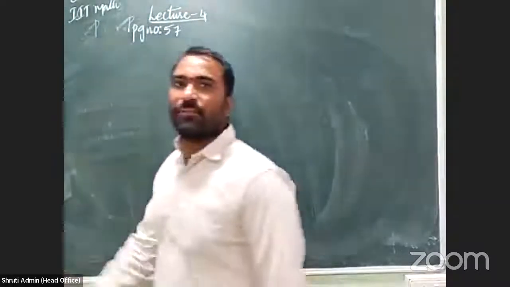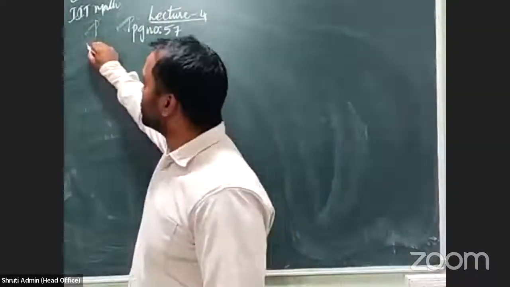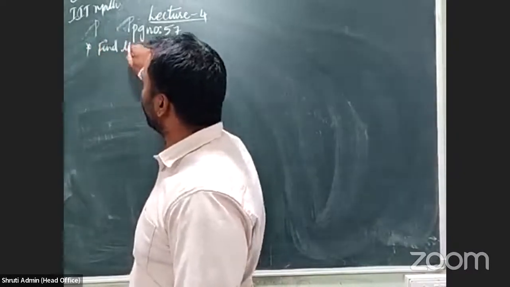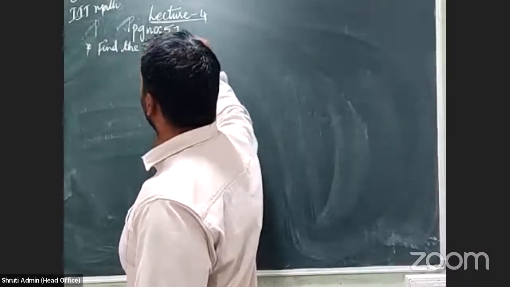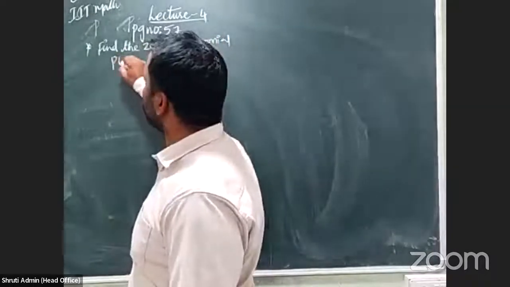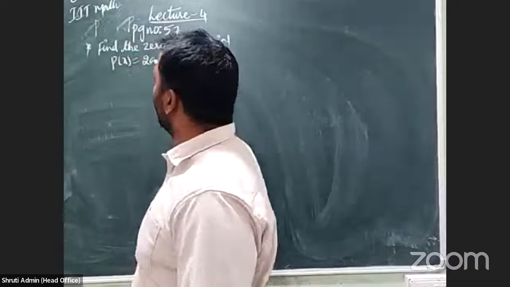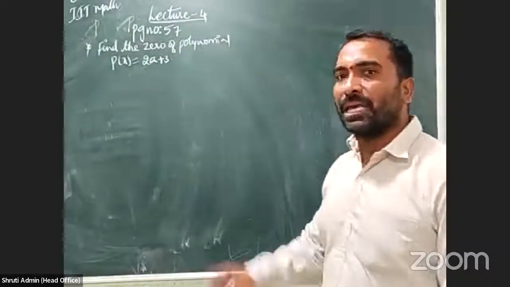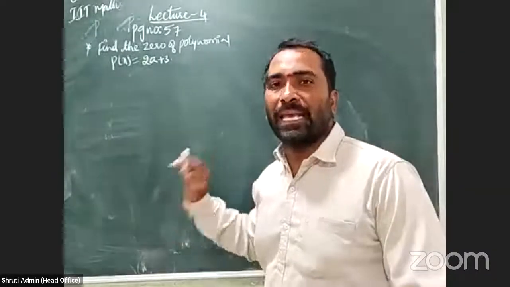See, yesterday we did, suppose, find the zero of the polynomial. P of x is equal to 2a plus 3. Here a is a variable. Following me? P of x is equal to 2a plus 3 means here a is a variable.